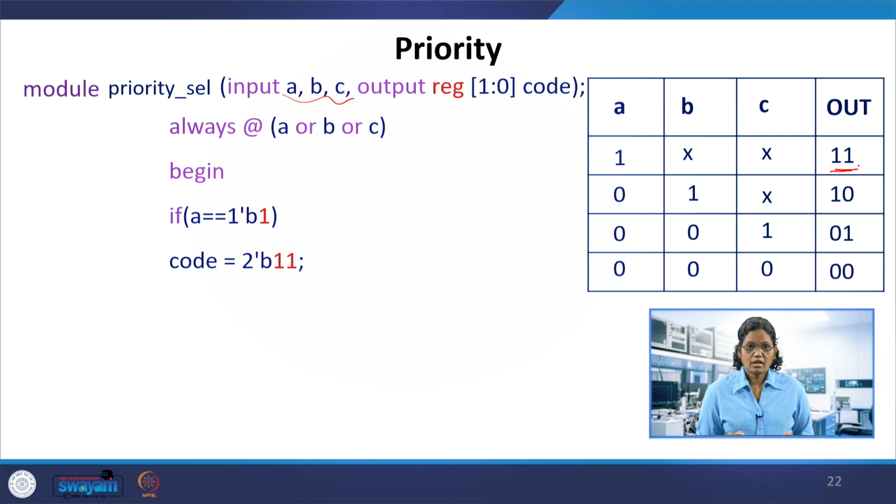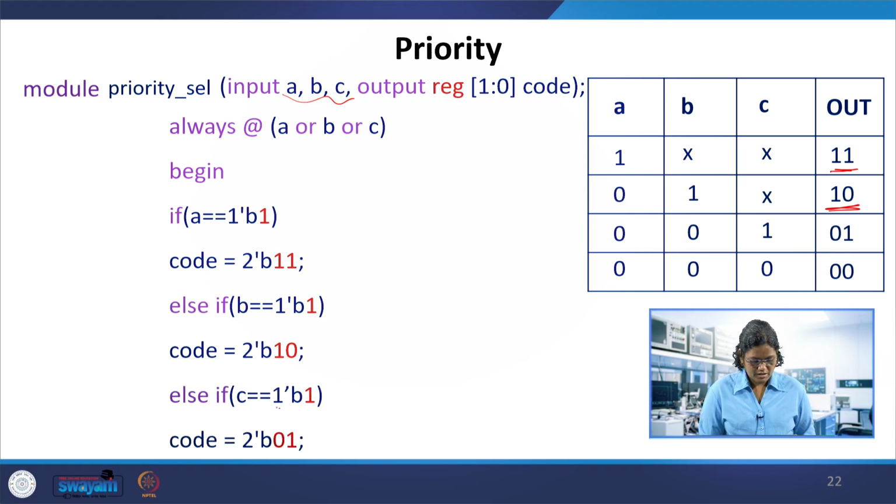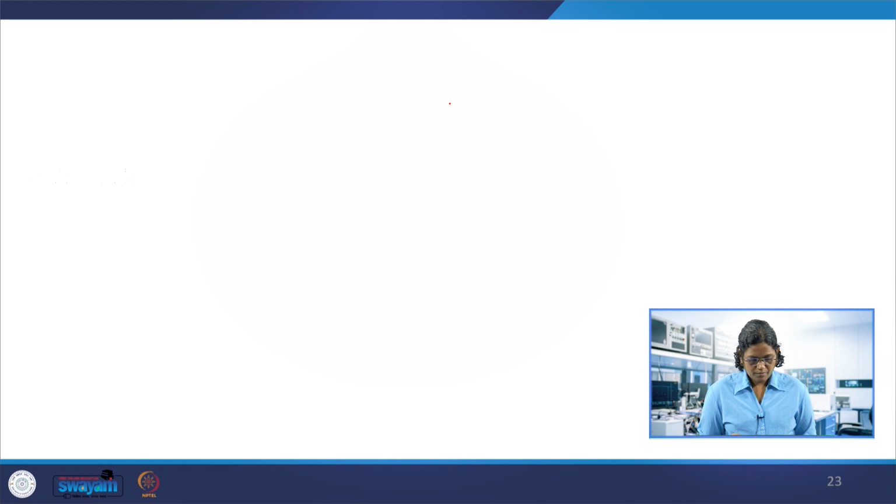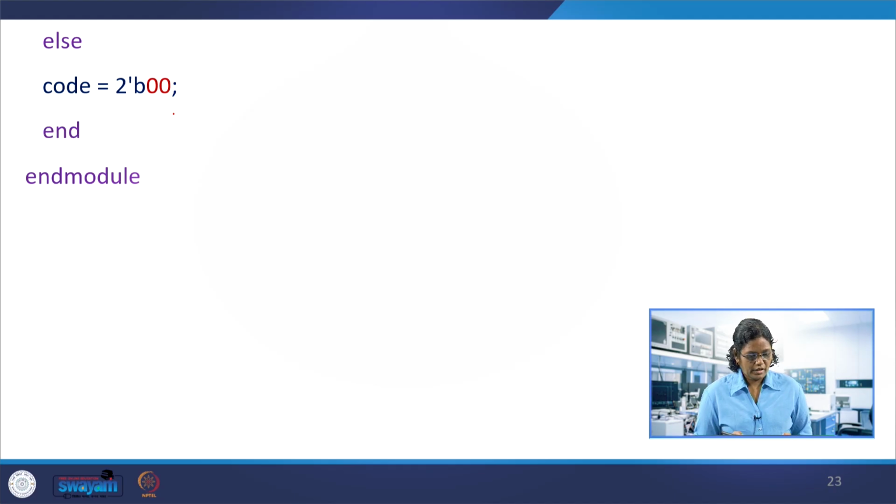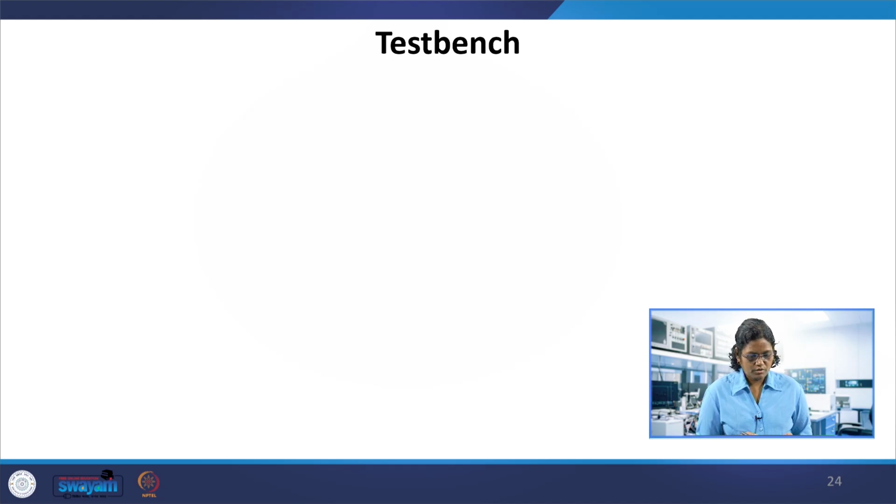The next statement would be else if B equal to 1, output code is 2-bit 1 0. If not, else if C equal to 1, code should be 2-bit 0 1. The code is used for the assignment inside the always block, so it's declared as reg. And the next condition, else if all of them are 0, code is going to be 0. So end here.